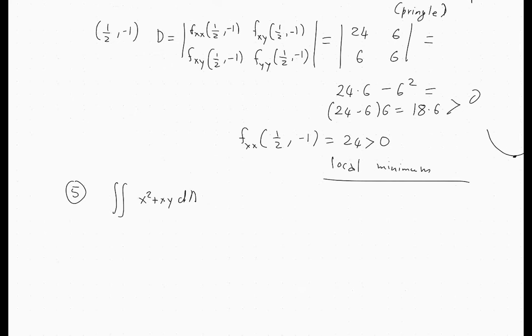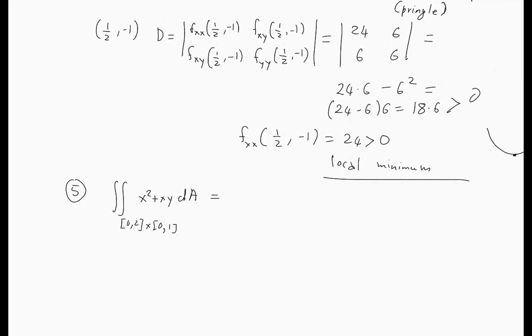This can be automatically written as a double iterated integral. So you want to start with 0 to 2 dx, and then 0 to 1 dy. You integrate from the interior to the exterior, and you have x squared plus xy.